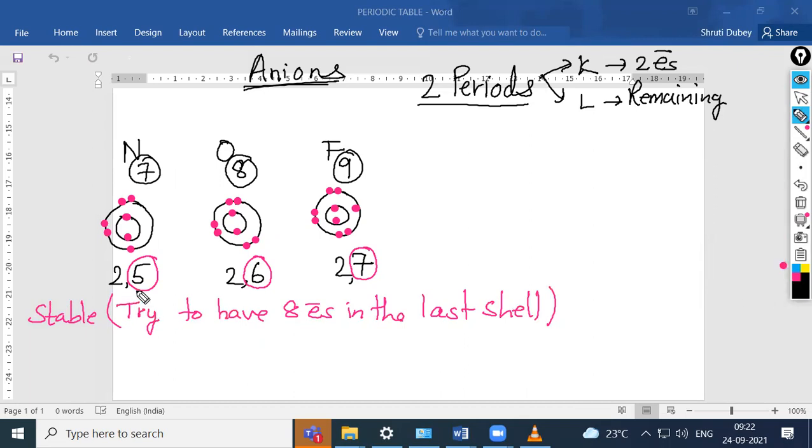So, nitrogen has 5, it will take 3 electrons. It is taking 3 electrons, so its valency will be 3.